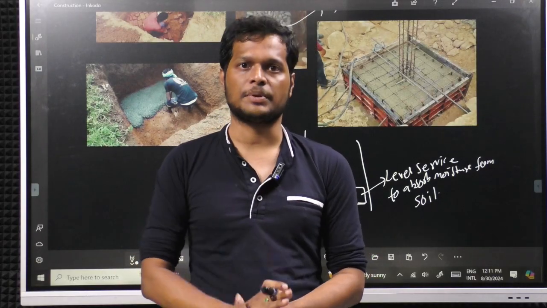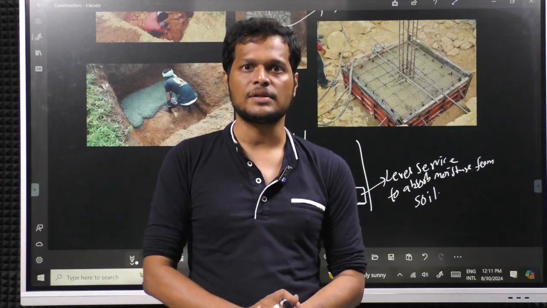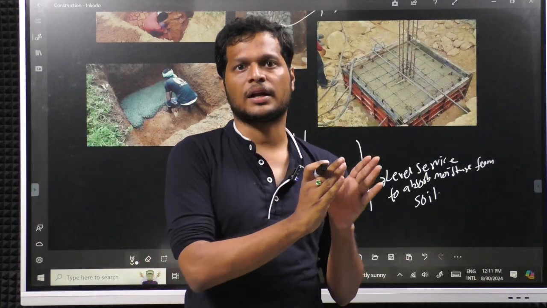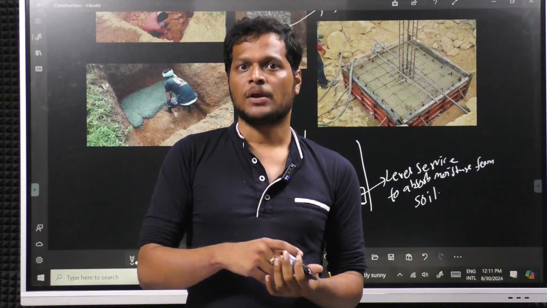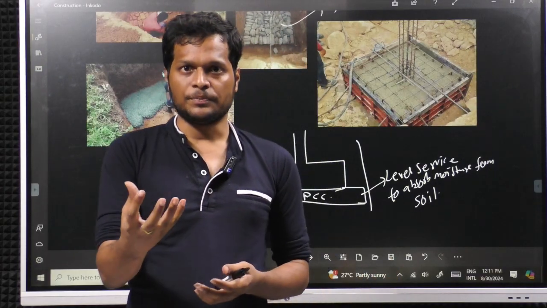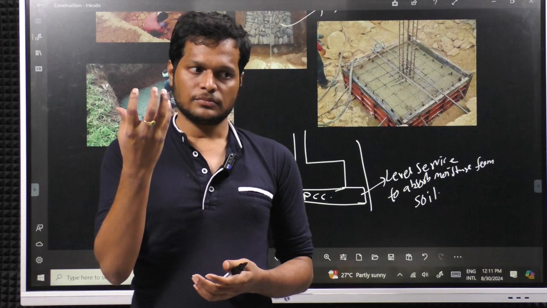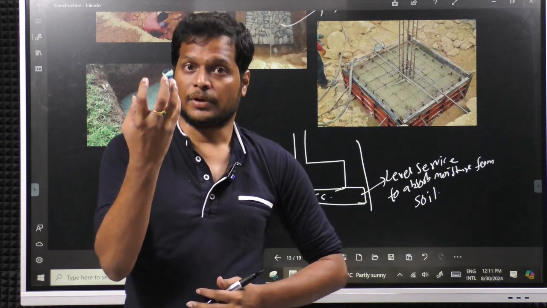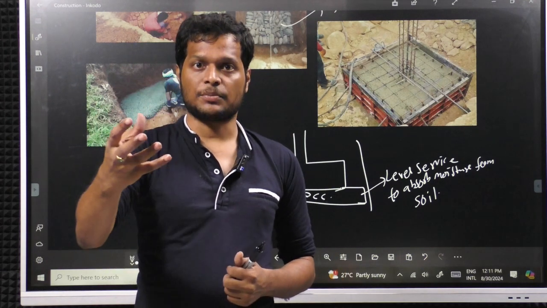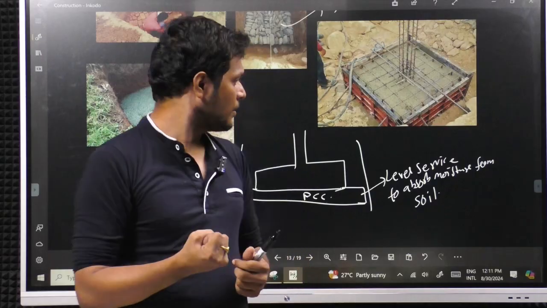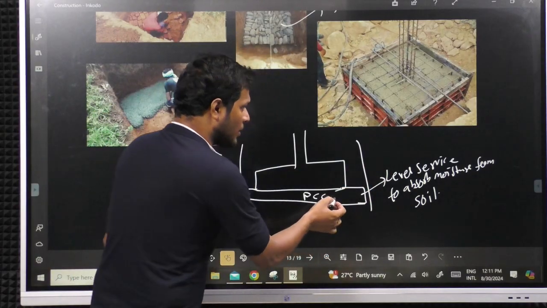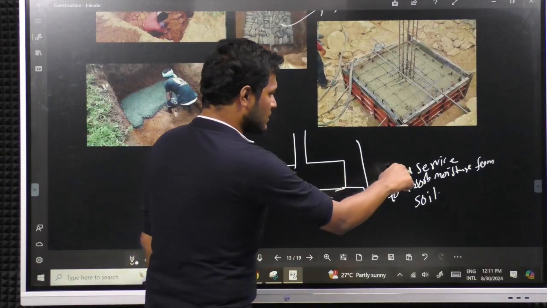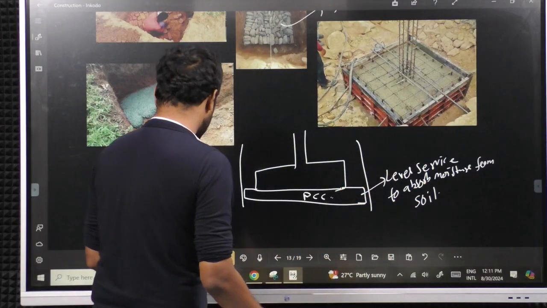Whether you take plinth beam or foundation, wherever it is, whenever concrete is coming in contact with the soil, in between there will be a PCC layer. The reason is, whatever moisture you have in the concrete hydration process, that moisture will be taken by the soil. So the PCC gives a level surface and absorbs moisture.